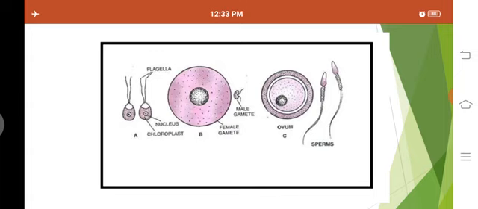If this question appears in the examination, the particular diagram should come in front of your eyes. Understood? Keep these diagrams in your mind. Homo is nothing but the same and hetero is nothing but different: homogametes and heterogametes.